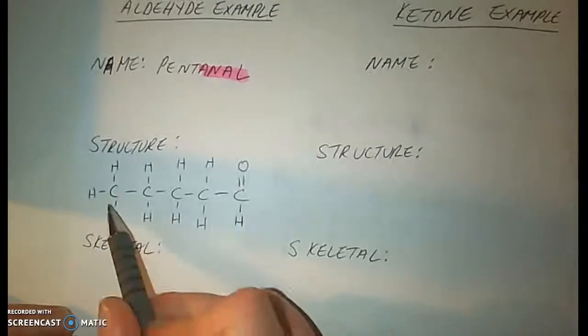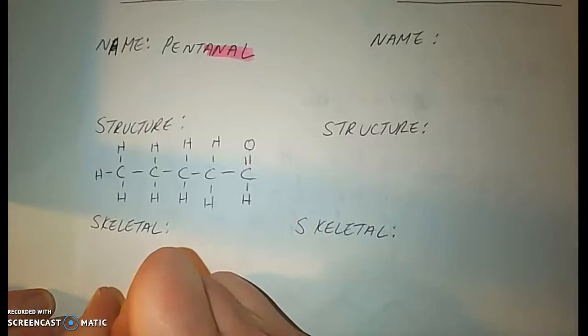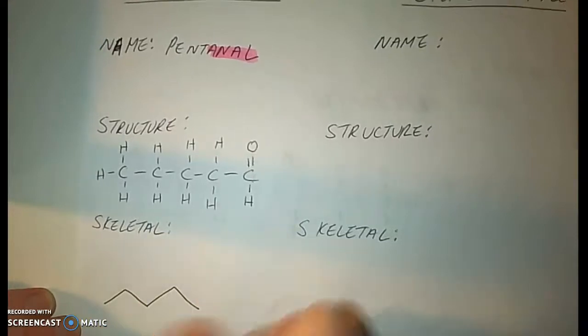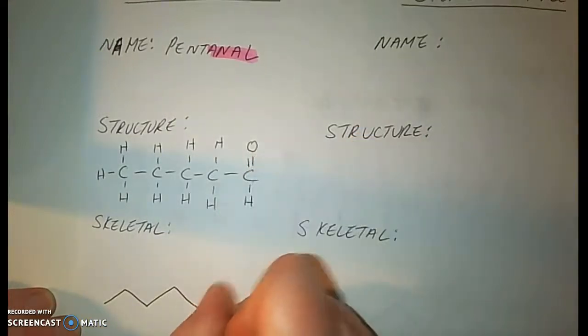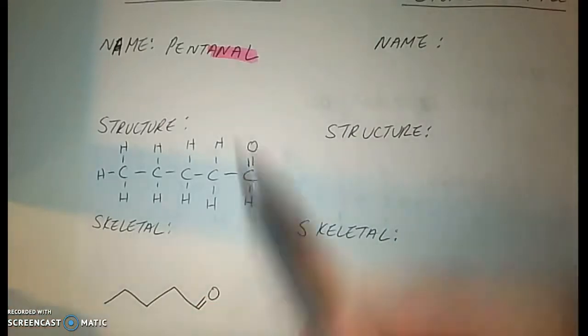Okay, the skeletal structure for this, also pretty straightforward. I count 1 when I first put my pen or pencil down, 2, 3, 4, 5, because I need 5 carbons. And then my carbon on the end has a double bond to oxygen. Okay, so pentanal, that's what the structure looks like, or if I drew a skeletal structure like that.